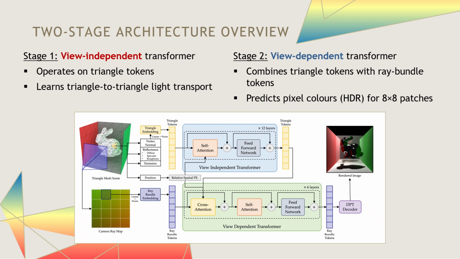The second stage is a view-dependent stage that combines the transformed triangle tokens with camera ray bundle tokens and predicts the outgoing radiance for each ray bundle, in essence, the pixel colors. You can think of the first stage as a kind of neural radiosity in triangle space, and the second stage as a neural camera that reads out what the camera sees from this illuminated scene.